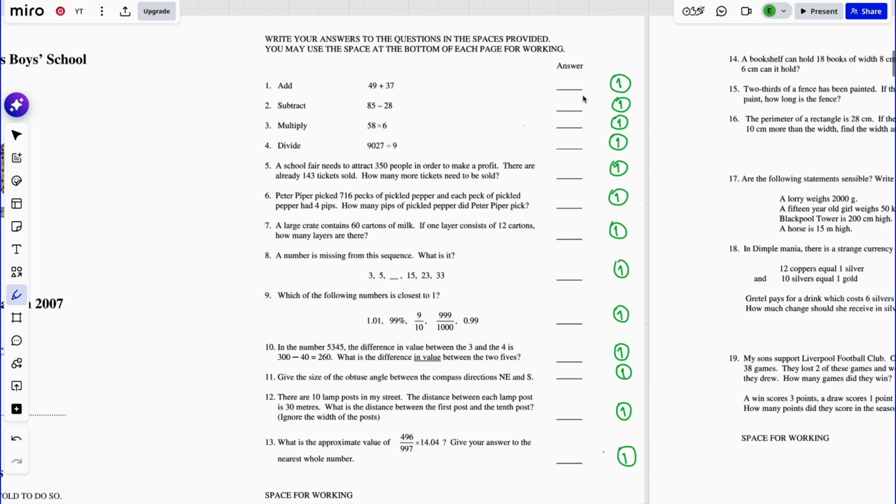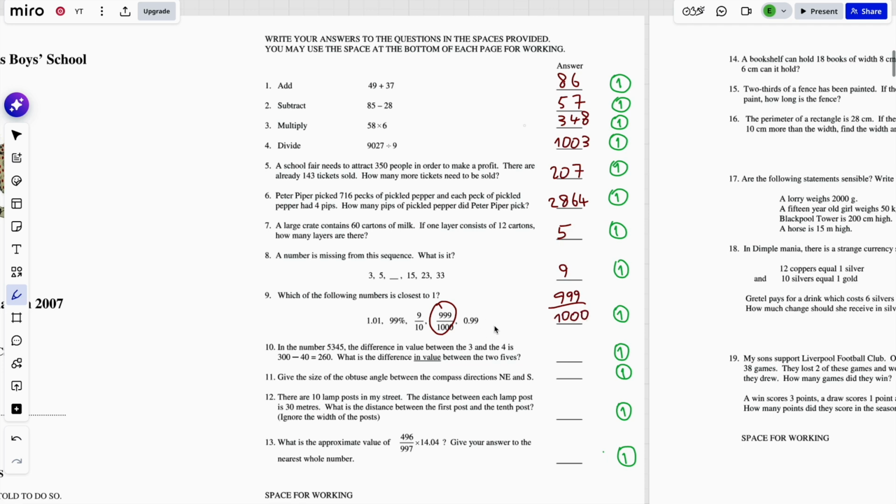So for question 1 we have 86, then 57, then 348, then 1003, then 207, then 2864, 5, 9. We want this one here, so 999 over 1000.